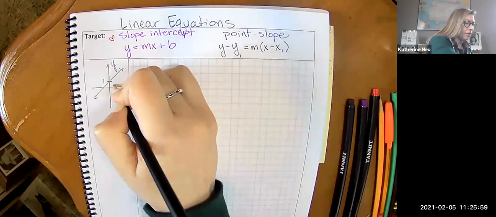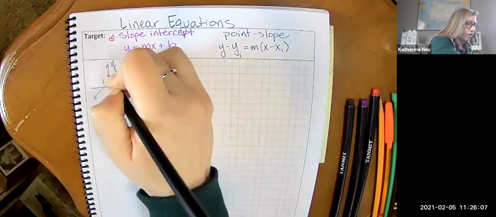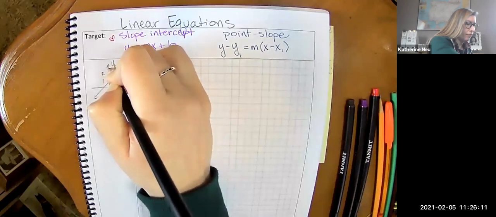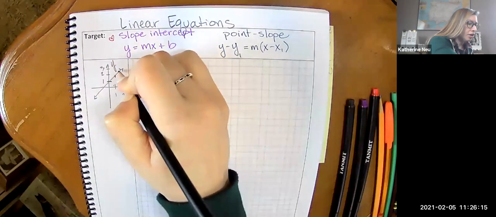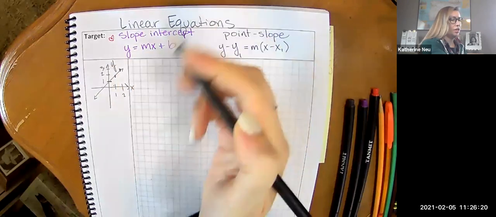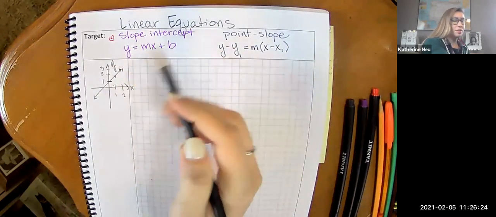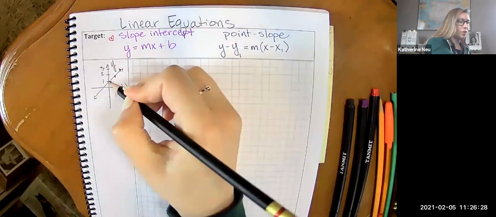And you can look and see where the line crosses at these next points. This is really easy because boom, they've given you the y-intercept right there. That's your starting point at 0.